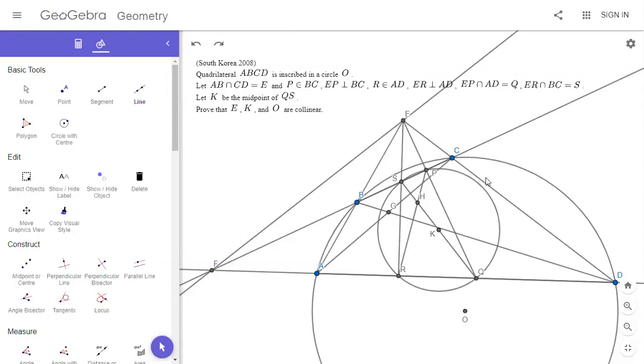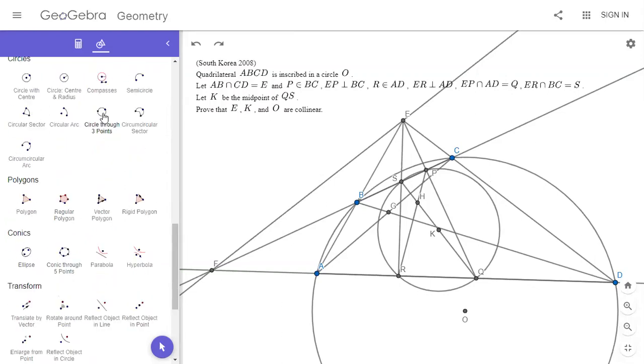Let's see. Can we use Pappus or something? I'm not sure. Feels a little bit like Pappus, doesn't it? I wonder if BGHC is cyclic. And then maybe we could use the radical axis theorem or something.